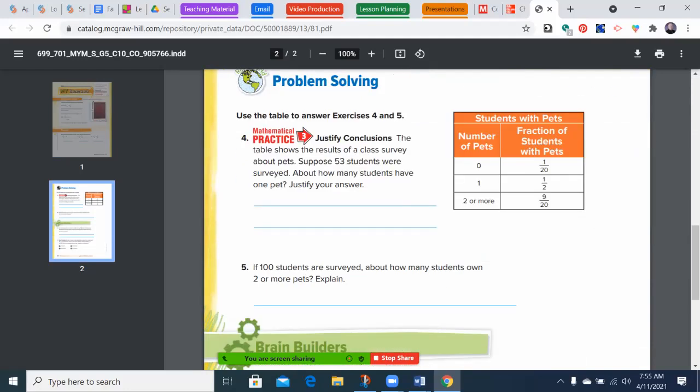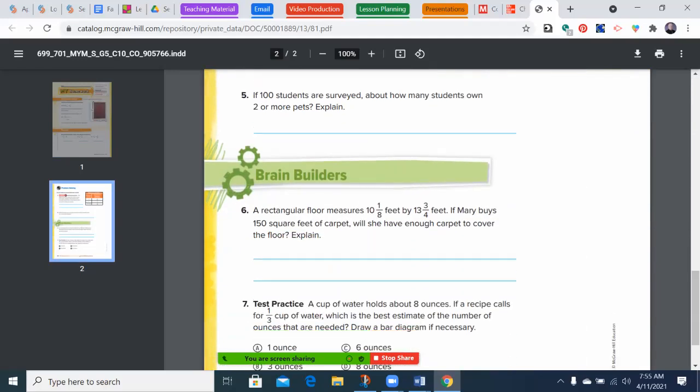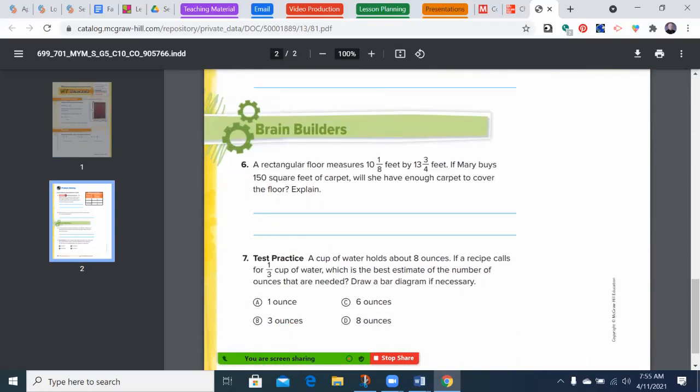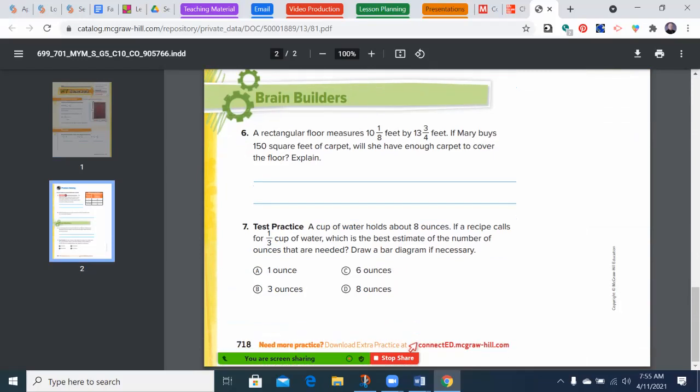Numbers 4 and 5, you're going to use these tables right here, 1/20th, 1/2, and 9/20. Number 6 is an area problem, but will require you to do your estimating of 10 1/8 times 13 3/4. And then number 7, a story problem.